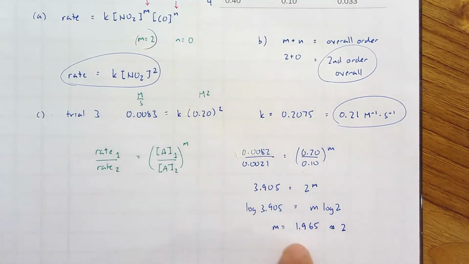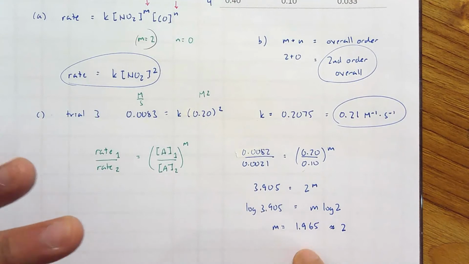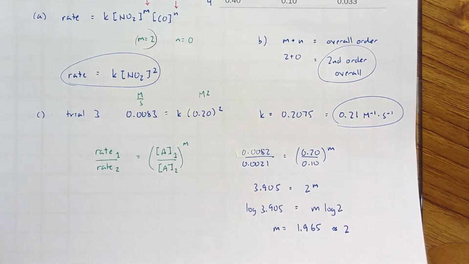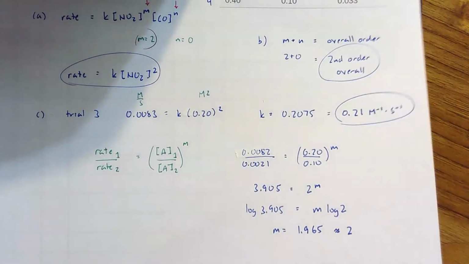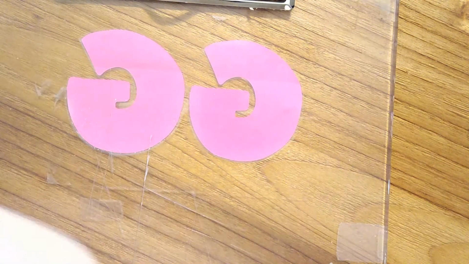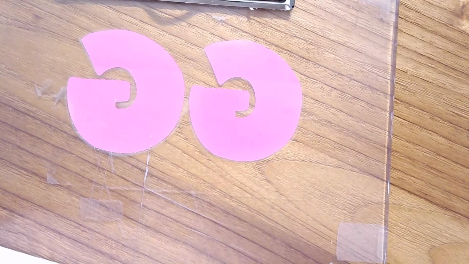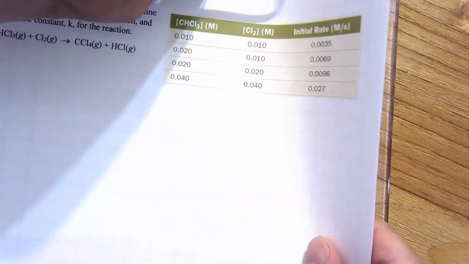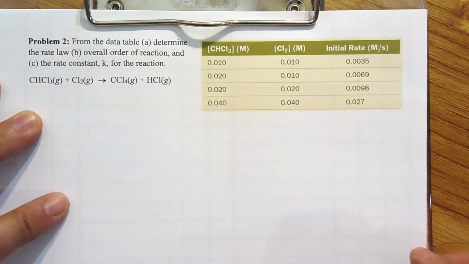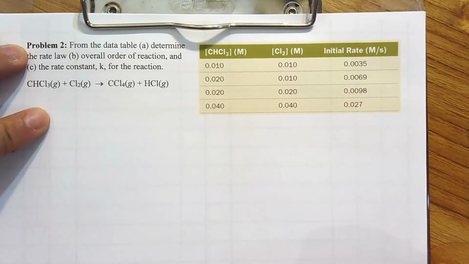Now if it was 1.7, you can't round up to 2. Or if it was 1.3, you can't round down to 1. So this was the easier of the two. I'm giving you a hint that this one we may need to do the math that we just did, where we did rate 1 over rate 2. Maybe. We'll see. Same instructions.